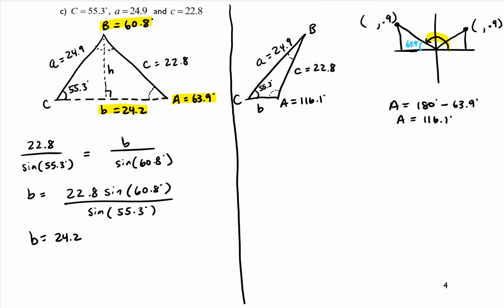Okay, so in this second triangle, we can calculate angle B by doing 180 degrees minus the sum of the other two angles. So 116.1 degrees plus 55.3 degrees.